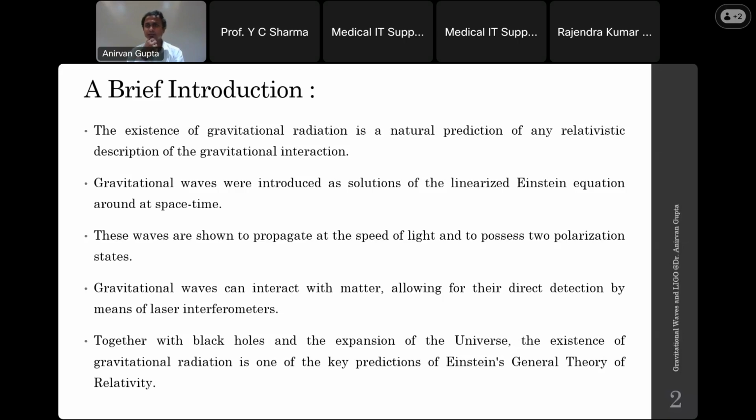This principle is widely used now in LIGO, which was set up very recently. Together with black holes and the expansion of the universe, the existence of gravitational radiation, or gravitational waves, was one of the key predictions of Einstein's general theory of relativity.